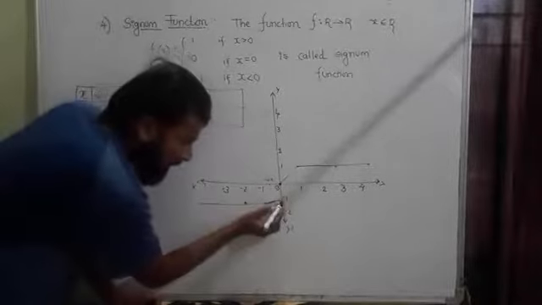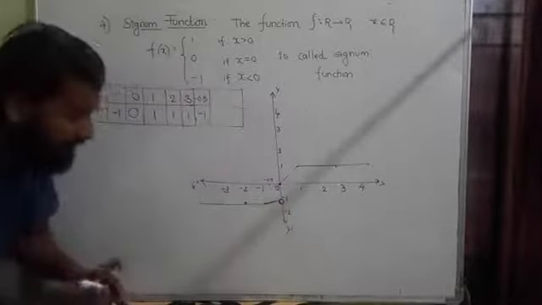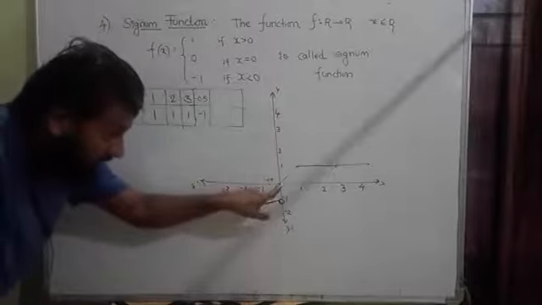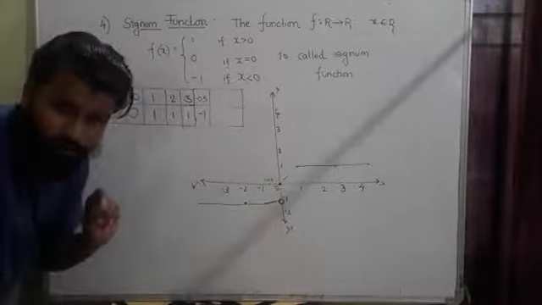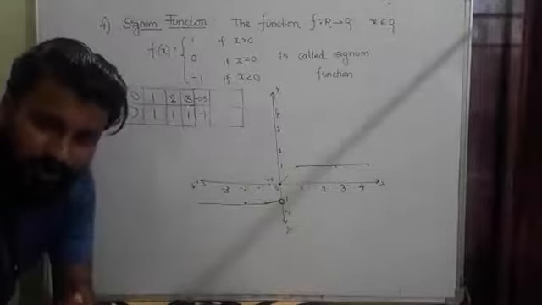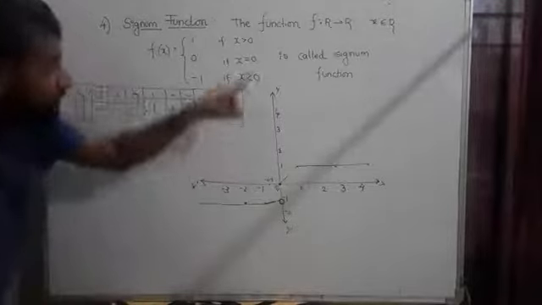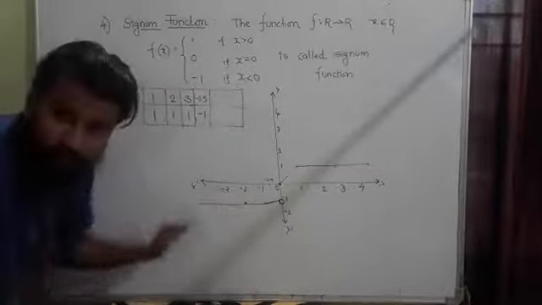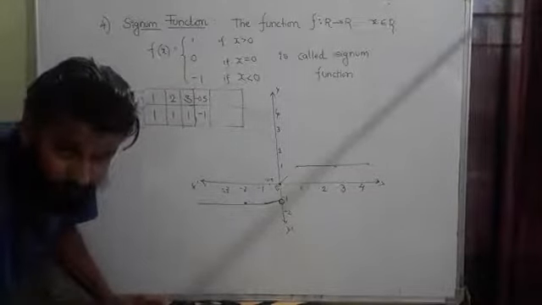So what we write, we put an open circle here. That means at x equal to 0, the answer will be 0. But for x less than 0, it might be like minus 0.000001, and for that also our answer will be minus 1 only. So the straight line will be like this only. I hope you're understanding my point, isn't it?